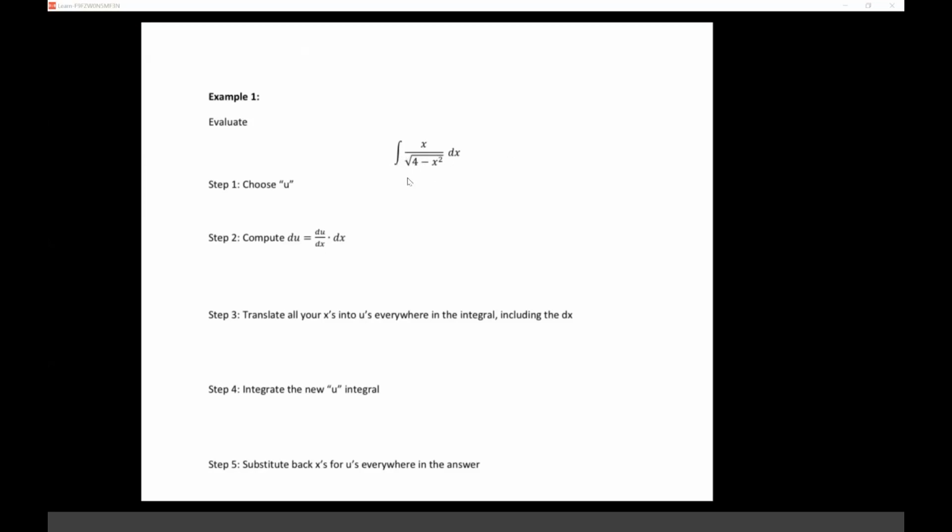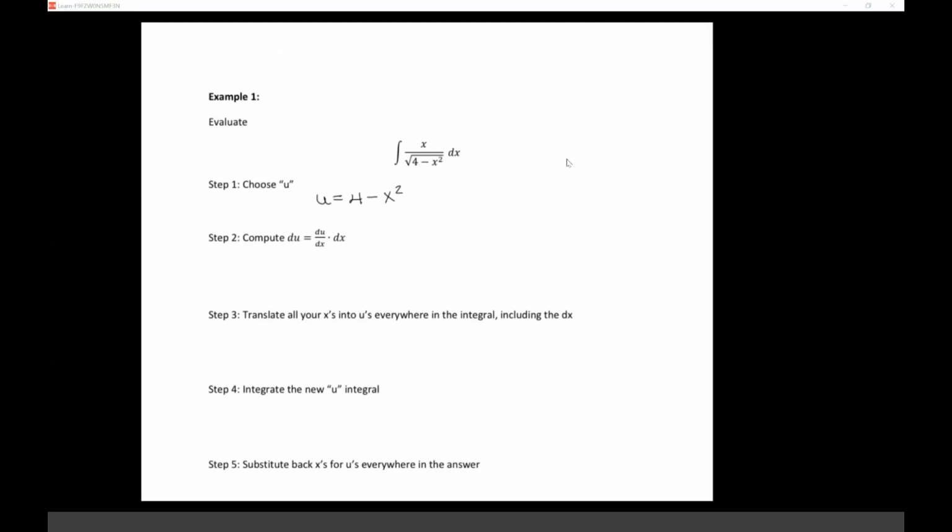Okay. Now, according to my rules over here for choosing u, I'm going to let u be the bit that's in the denominator. So let u be 4 minus x squared. I'm choosing u to be the thing in the denominator. It's also under a radical sign. Now, right now, I could substitute u for this thing over here.